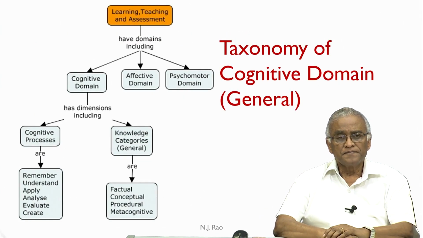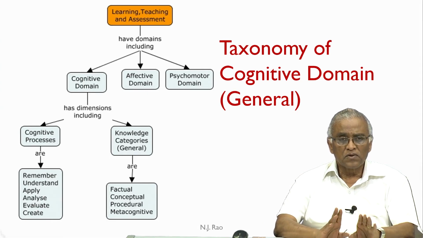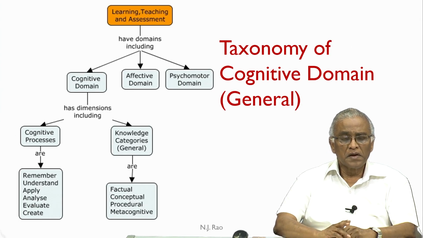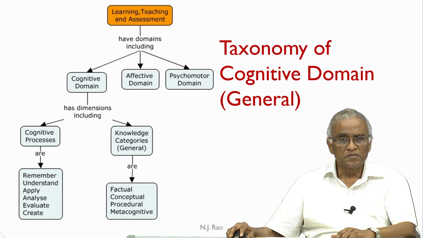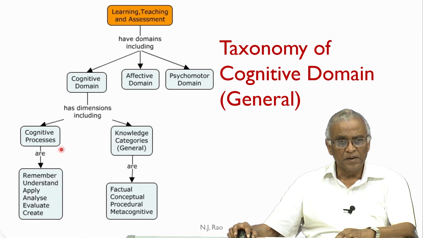Now one can capture the taxonomy of the cognitive domain in general. We are not yet looking at the affective domain and psychomotor domain. We will do that in later units, but as of now, learning, teaching and assessment have domains including cognitive, affective and psychomotor. And what we have seen is that the cognitive domain has dimensions, cognitive processes and knowledge categories.